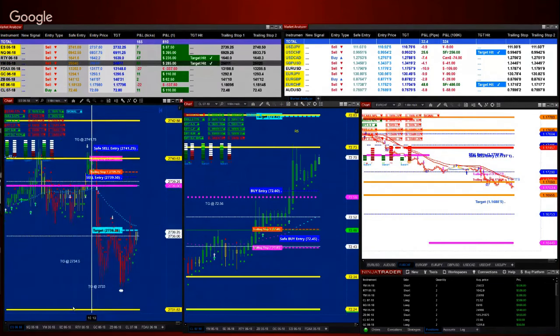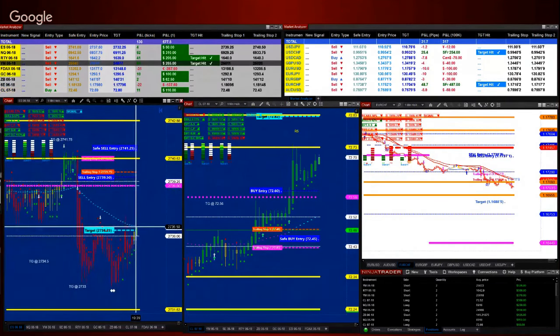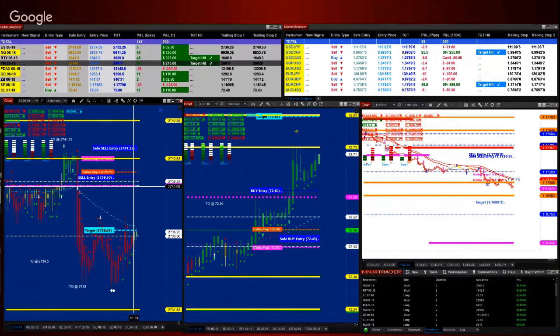You are very far from long on the ES, and we have a thick wall at the 27.39, and we will see the outcome on that one here. But you mark my word, the ES is going to struggle at that number.